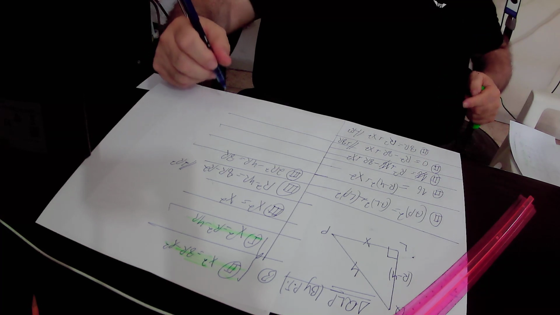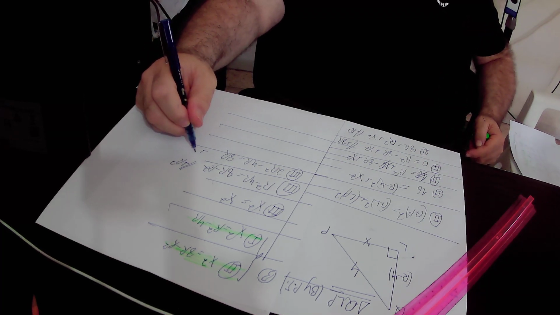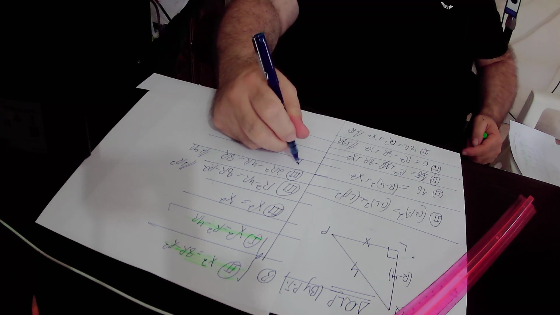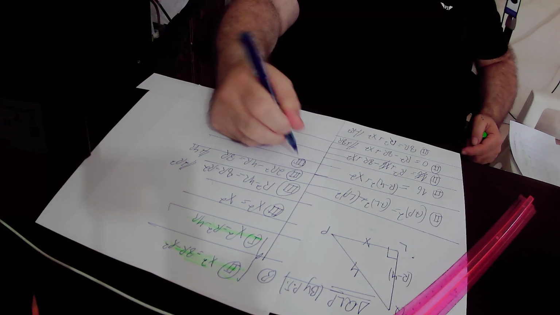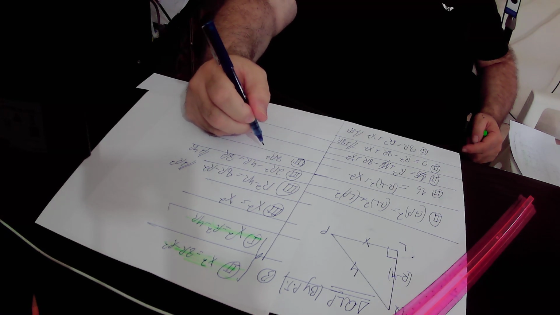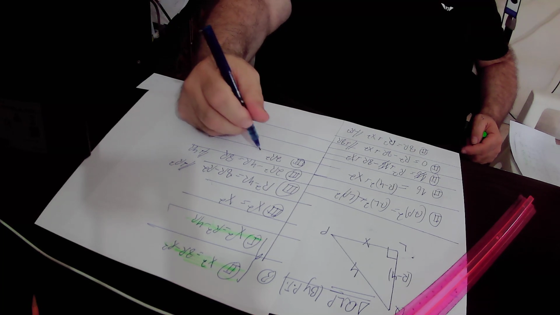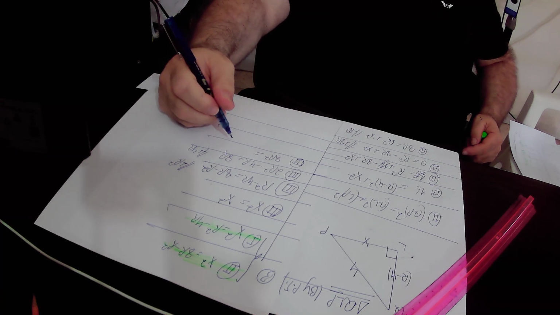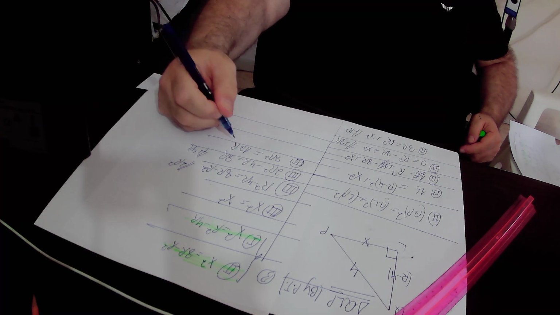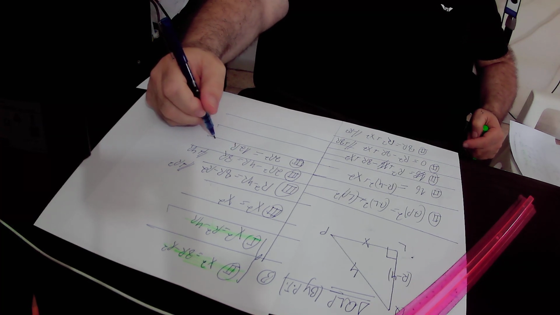So here we will add 4R to equation number 3, and we will get that according to equation number 3, 2R squared minus 4R plus 4R is 0. So 2R squared equals 8R plus 4R, which is 12R. So according to equation number 3, we found out that 2R squared equals 12R.